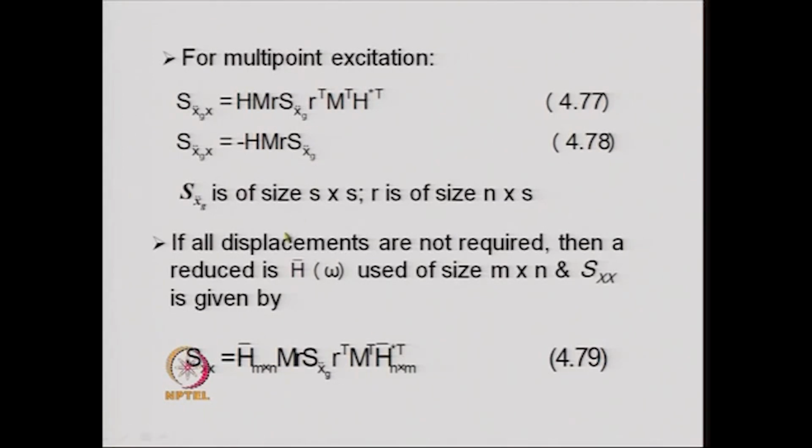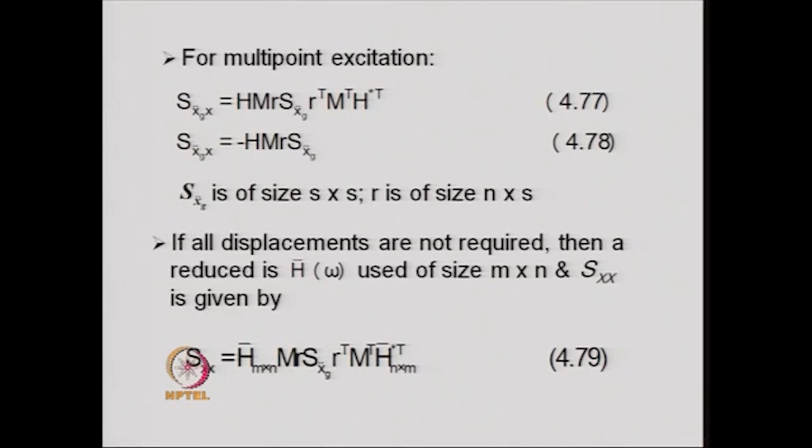The size of this S x double dot G matrix is S into S, if S is the number of supports, and R is an influence coefficient matrix that is obtained from a static analysis of the system that we have seen before, of the size n into S. That is, if there are n degrees of freedom and S number of support excitations, then the displacements that will be caused at the n non-support degrees of freedom will be represented by a matrix n into S.